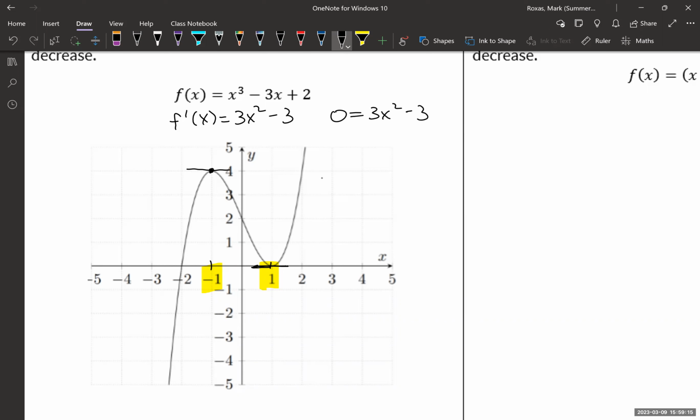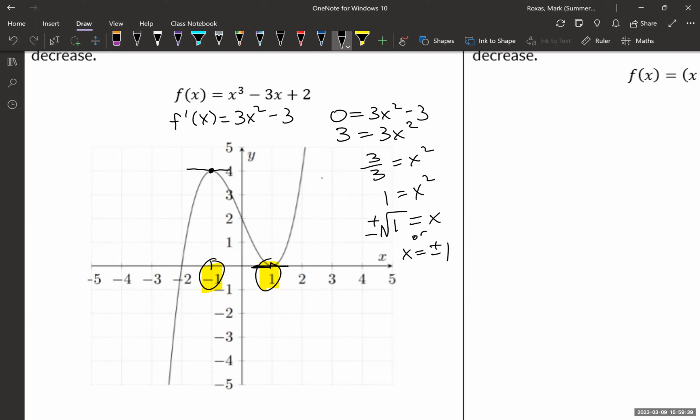Solving for x, add 3 to both sides, 3 equals 3x squared, and then divide both sides by 3, I get 3 over 3 equals x squared. 3 over 3 is 1, and then if I take the square root of both sides, don't forget you're going to have a plus and minus. So x equals plus or minus 1, and there they are. Those are our critical points, plus and minus 1.